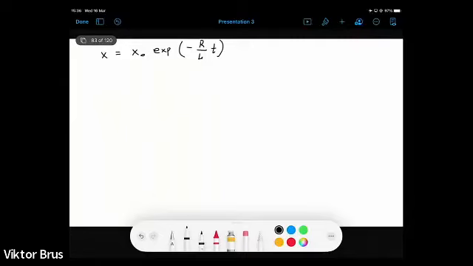We remember that x, from our substitution, is equal to epsilon divided by R minus I. At t equals 0, this x naught will be equal to epsilon divided by R, because we considered that current is equal to 0 also at t equals 0, since we didn't have current in the circuit before we turned on the switch S1.